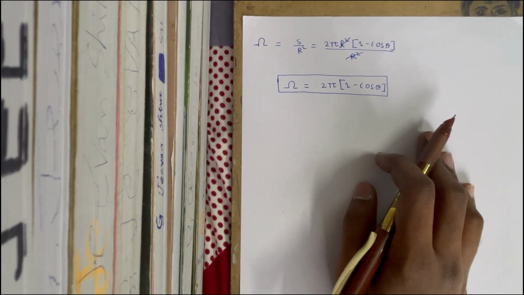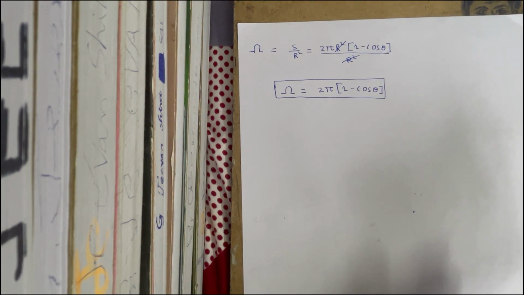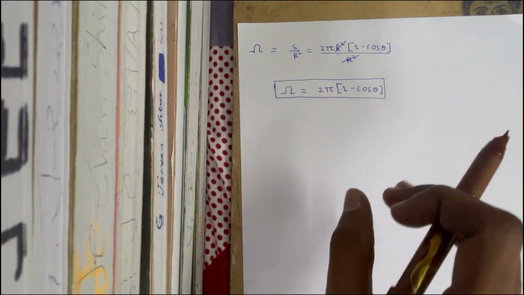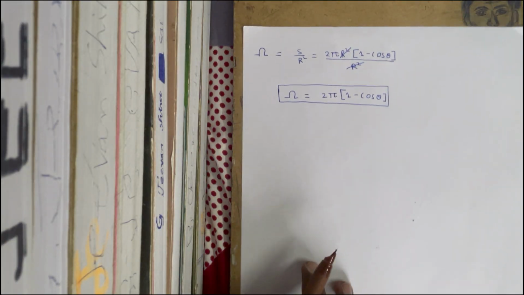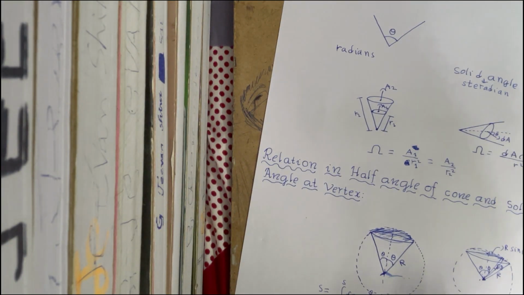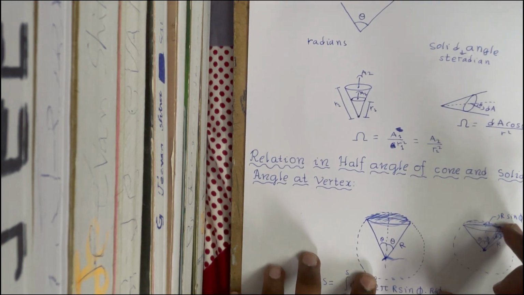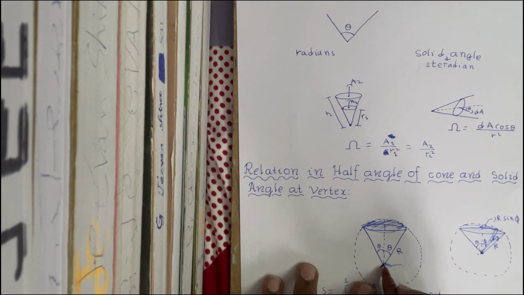So with this we can also calculate the electric flux passing through a cone if an object was placed somewhere here.